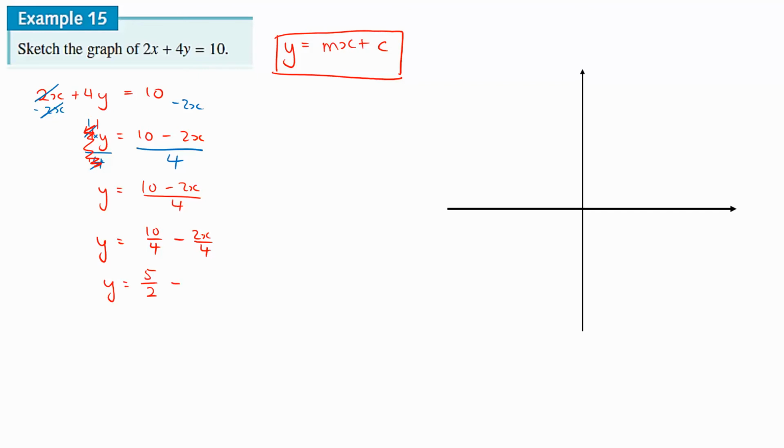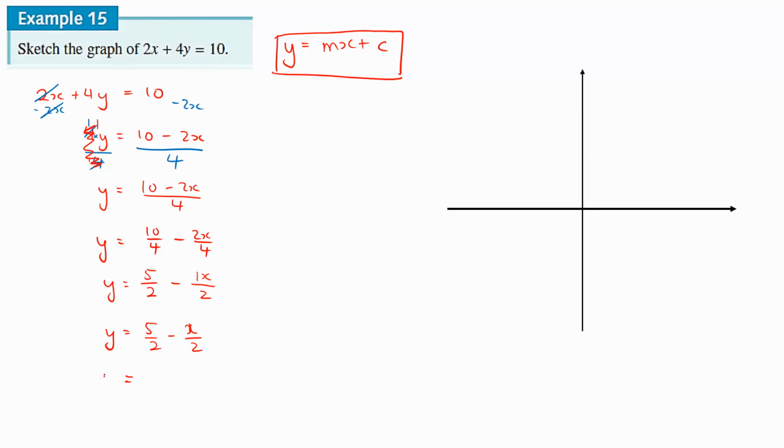Minus, again, 2 on 4 is the same thing as saying half, so it's 1x on 2. But we don't normally write 1x, so we write y equals 5 on 2 minus x on 2. And some students don't like this because they can't tell which one's the gradient, what's the y-intercept and whatnot.